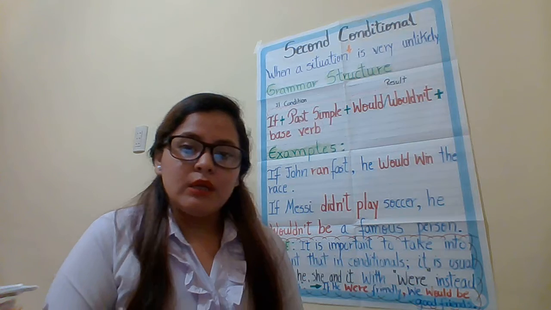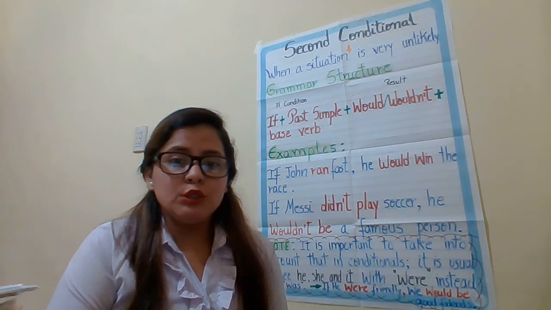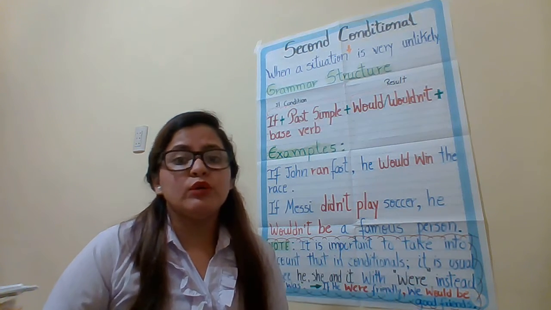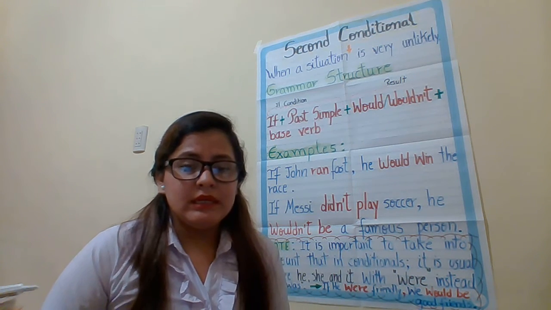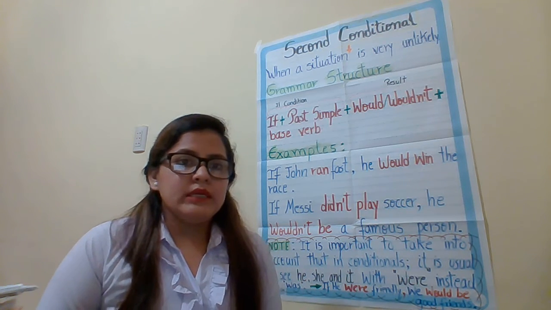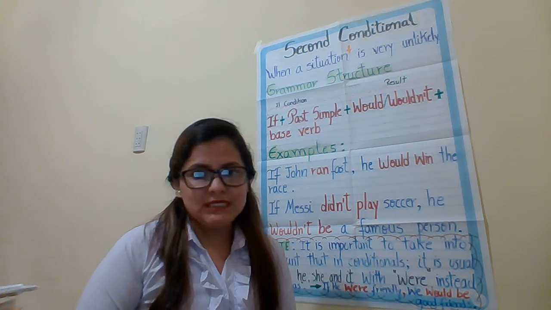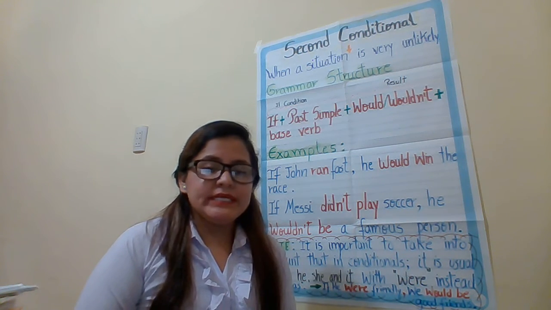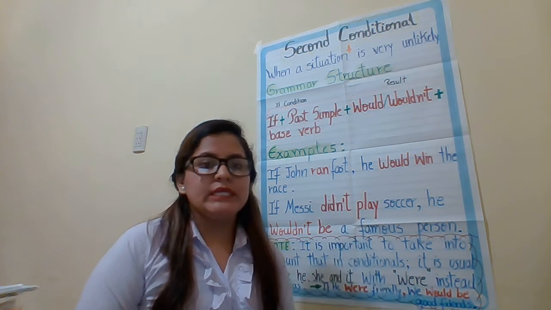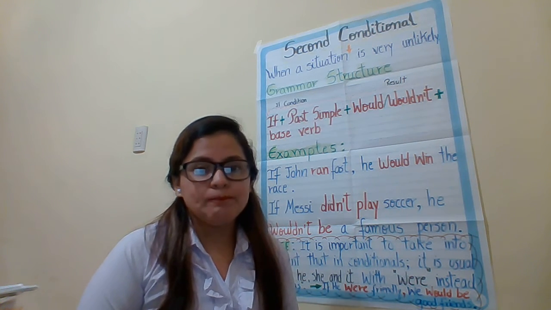In this moment, I'm going to explain step by step my lesson plan. First, the informative data: the name of the school doesn't apply. The topic is second conditional. The date is July 6th, 2020.